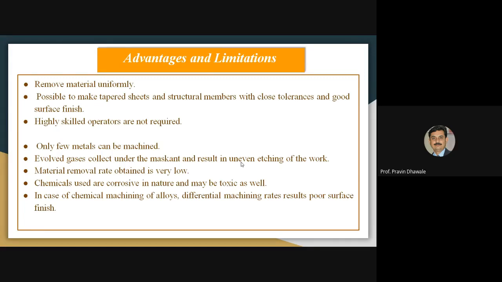Means if you are using chemical machining on different alloys, it will give different machining or metal removal rates, and it will hamper the quality of the machining. So these are the certain disadvantages or limitations of chemical machining.